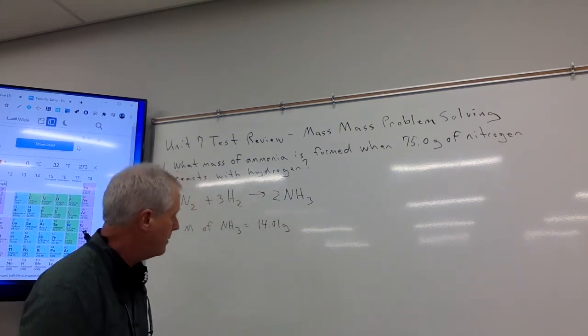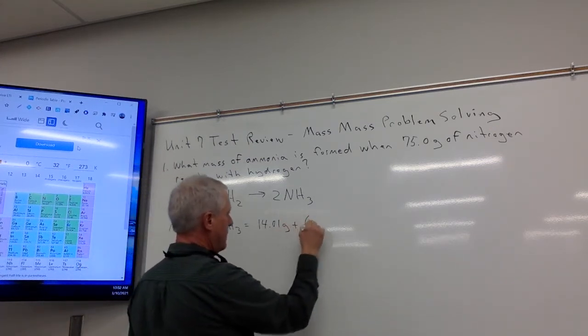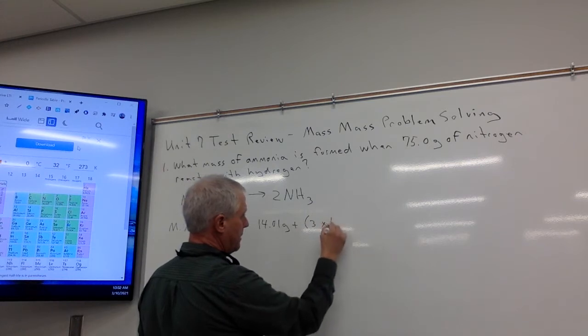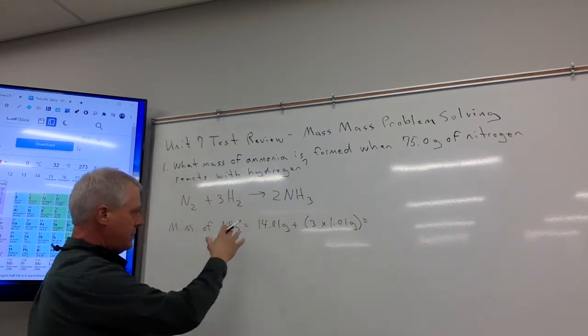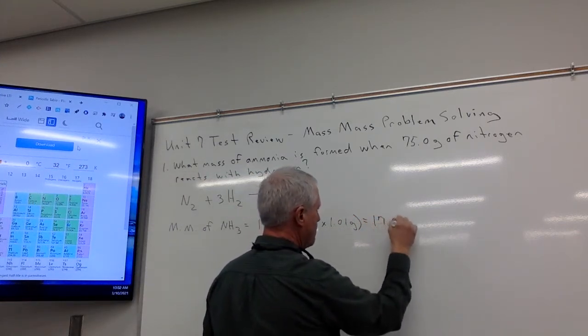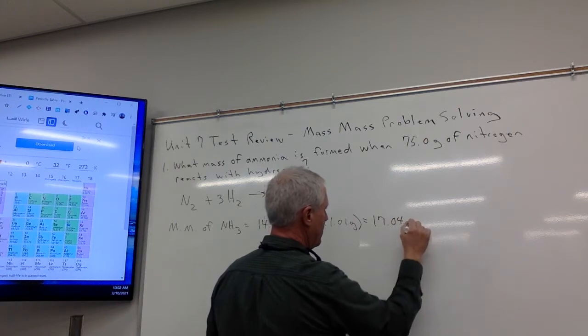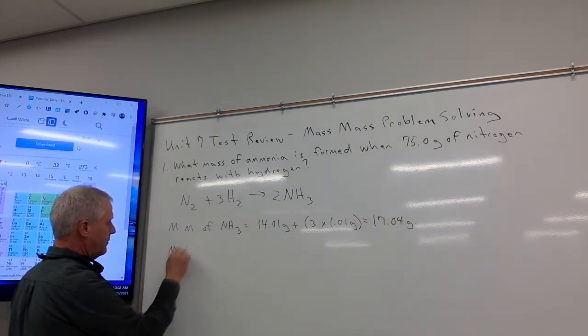It's the atomic mass, and then we're going to add 3 hydrogens, and hydrogen's atomic mass is 1.01, and that gives us 17.04 grams of ammonia.